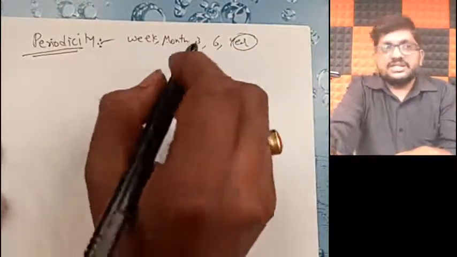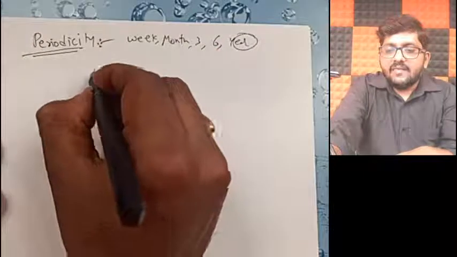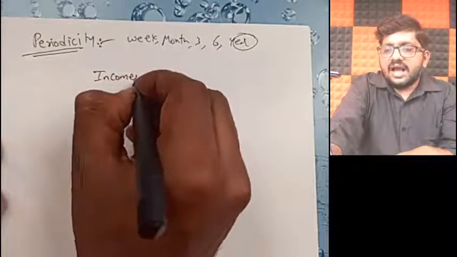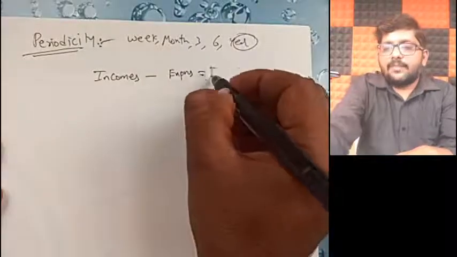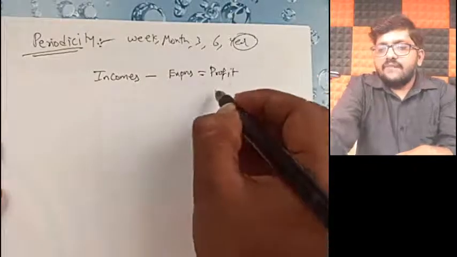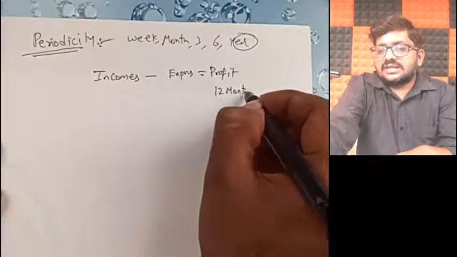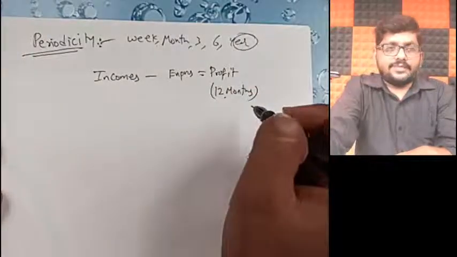What does it mean? I'll just give you one explanation. For example, we already discussed that when we take our incomes minus expenses, this will lead to our profit. Now, we want profit for 12 months, for example, for 1 full year.